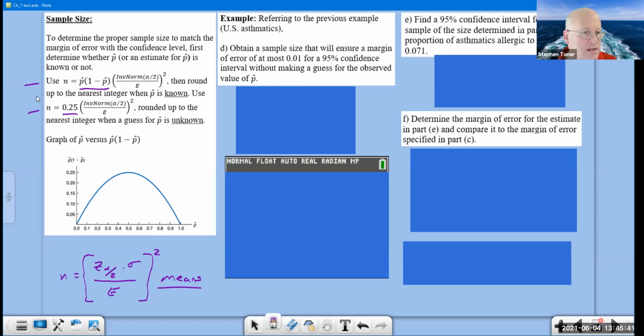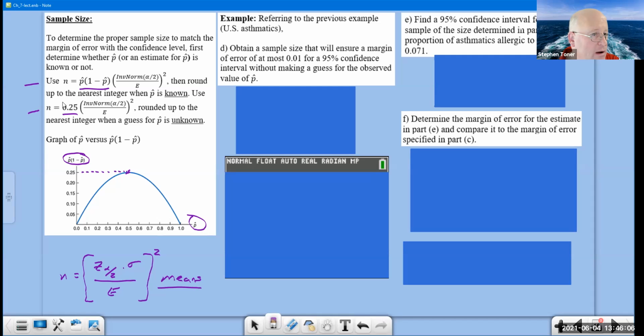Now, I've got a graph of P hat versus 1 minus P hat, okay? If I were to say, here's P hat on this axis, and then I would subtract it from 1 and multiply them together, that would be P hat times 1 minus P hat. The largest it can ever be on this graph is at a height of 0.25.